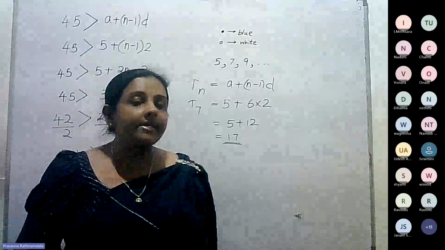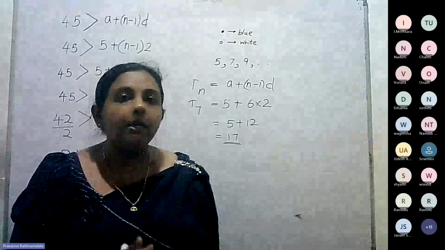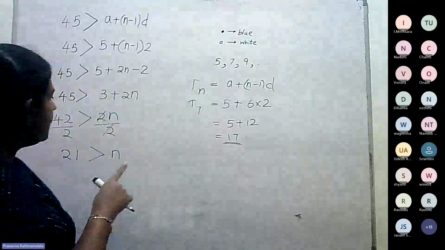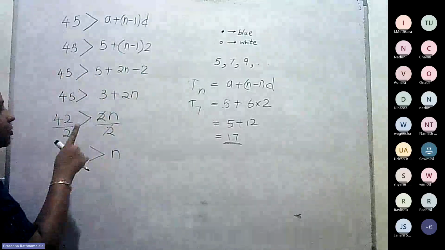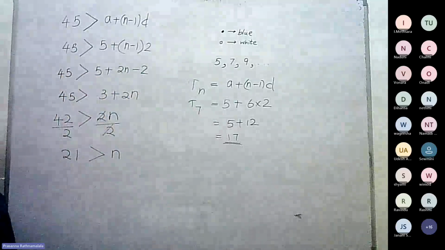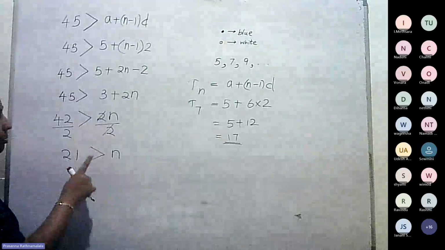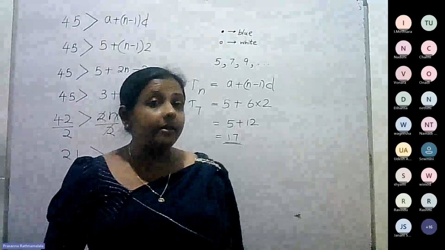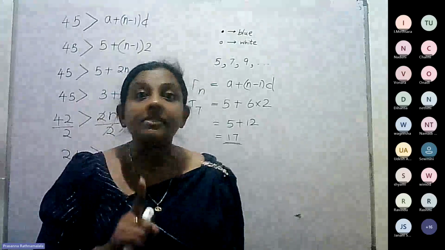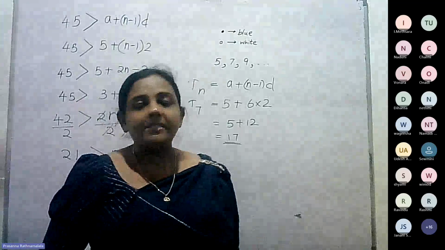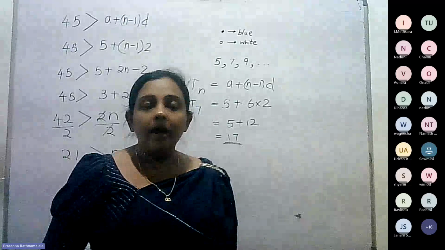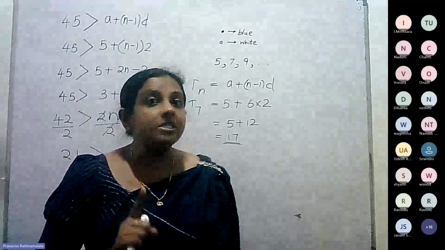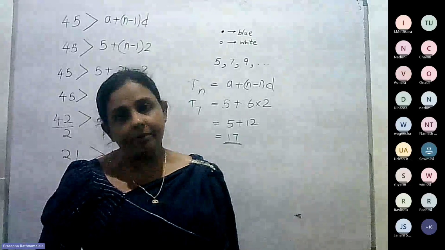Yes. Then what is the most suitable value for this n? What does it mean? n is smaller than 21. And remember, this n is always a positive whole number. It cannot be a fraction, and it cannot be negative either. It must be a positive whole number. Why?